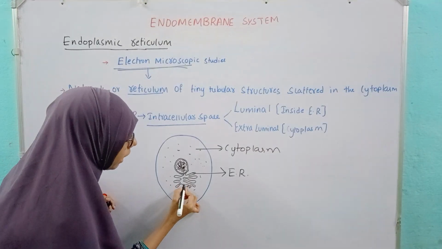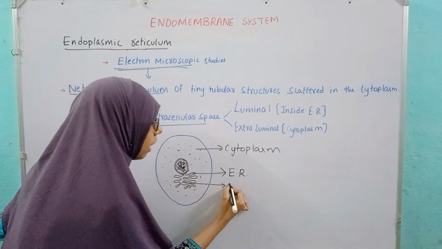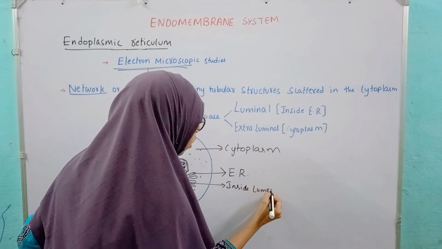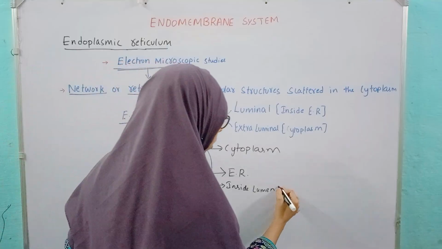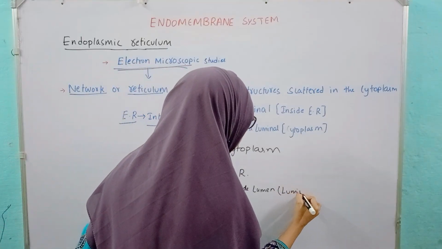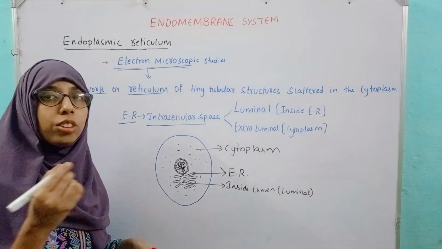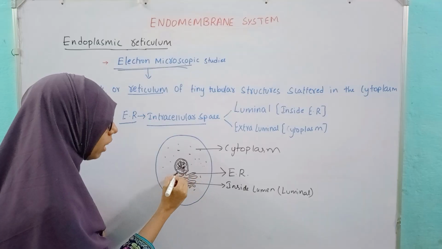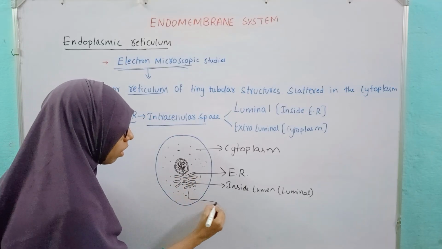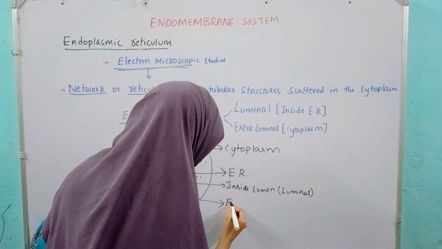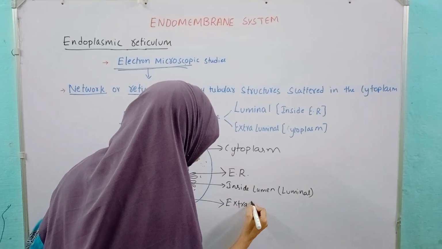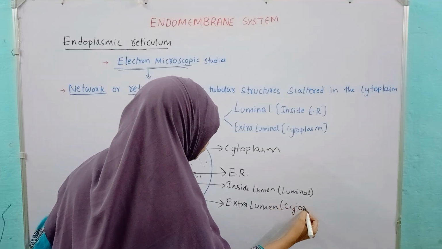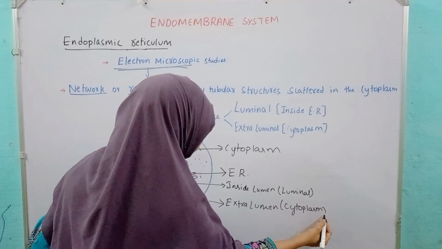One is inside the lumen, called the luminal compartment, and the other, which is present outside the endoplasmic reticulum, is called the extraluminal or cytoplasmic compartment, as it consists of the cytoplasm.